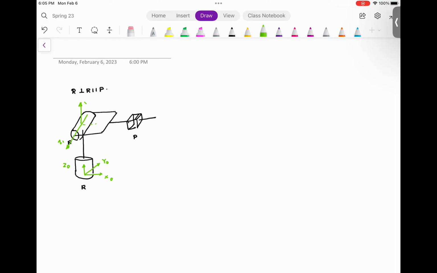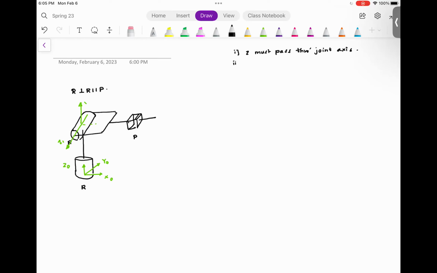So now what I want to do is assign the coordinate frames. Let's look at the rules. What is rule number one? Rule number one is Z must pass through the joint axis.